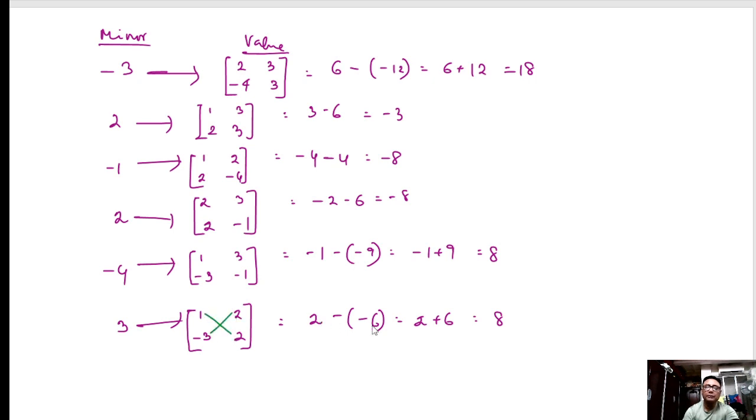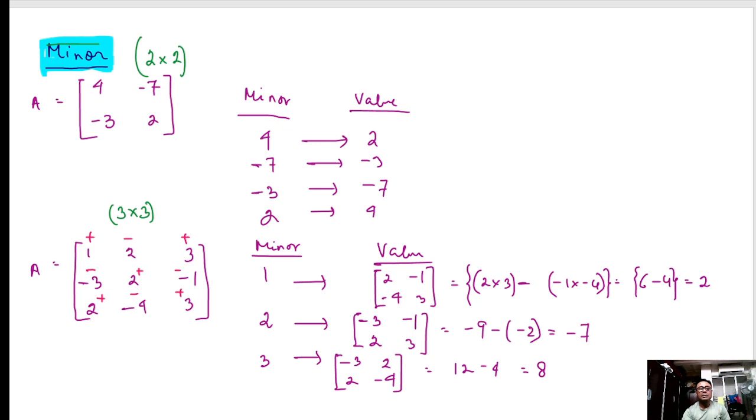So 2 minus of minus 6 is 8. So this is how we calculate the minors. And this is the way we calculate the minor of a 3 by 3 order matrix. Clear?